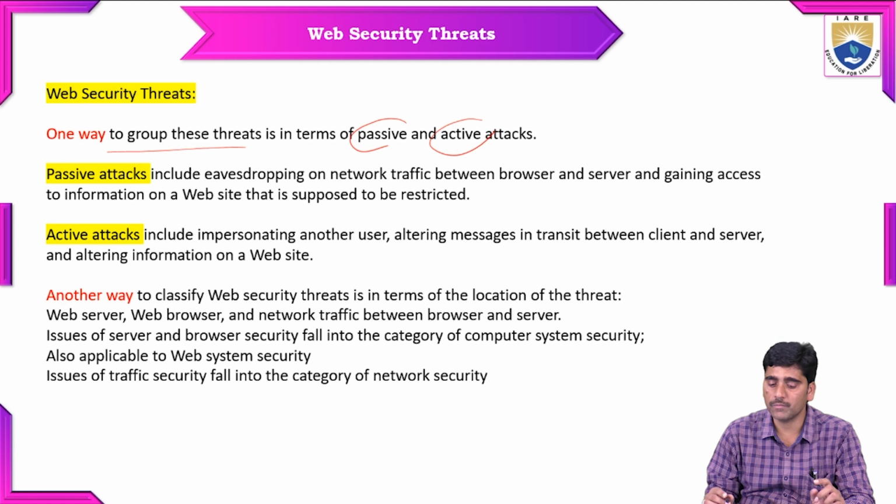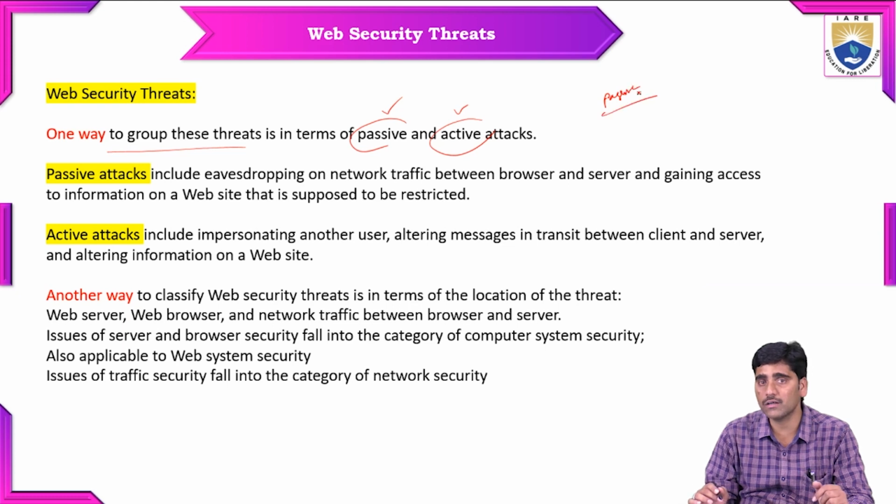So related to the web, one is passive attacks and the second is active attacks. Passive attacks are not directed at the target system directly, but active attacks are targeted directly on the target system.